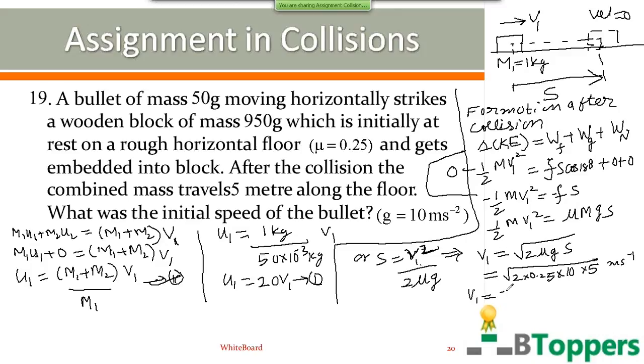You get V1 equal to 5 meter per second. You can substitute this value of V1 from the second equation into the first equation. If you want to copy the solution, you can take a pause and copy the solution of the problem. I'm coming back to the first equation. If you substitute value of V1 from the second equation into the first, you get U1 equal to 20 into 5 meter per second, or 100 meter per second. That's the answer.